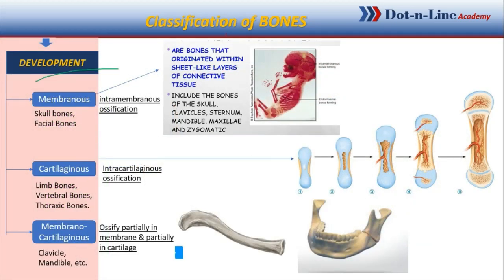On the basis of development, these are of three types. I have told you. Membranous bones are the bones that ossify intramembranously. A membrane will be formed and that membrane will be ossified to form a bone. These are the bones that originate within sheet-like layers, membrane-like layers of connective tissues.